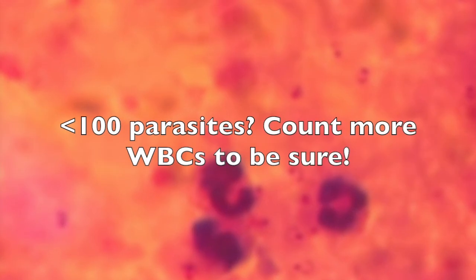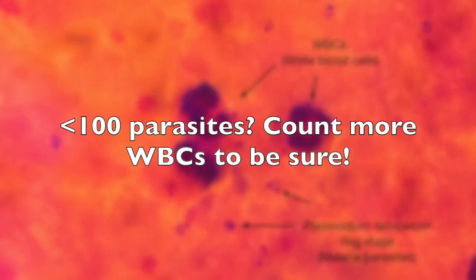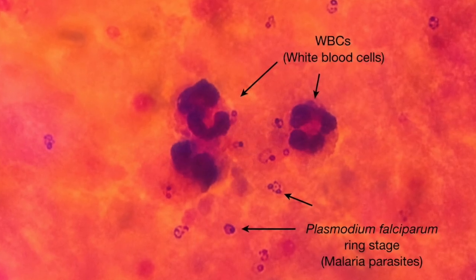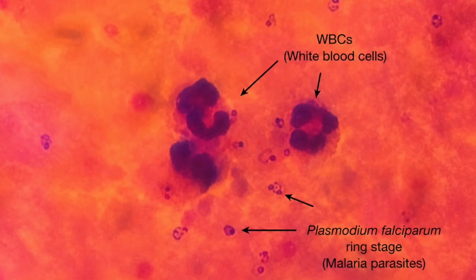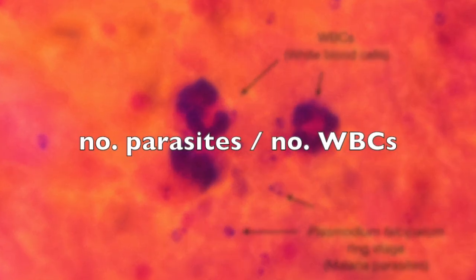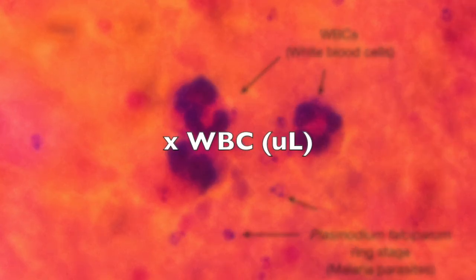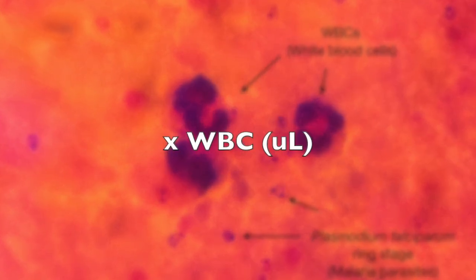But if you find fewer than 100 parasites, you have to continue counting so that you count at least 500 white blood cells. The calculation then becomes your parasites per microliter: the number of parasites counted divided by the number of white blood cells counted, multiplied by your white blood cell count per microliter.